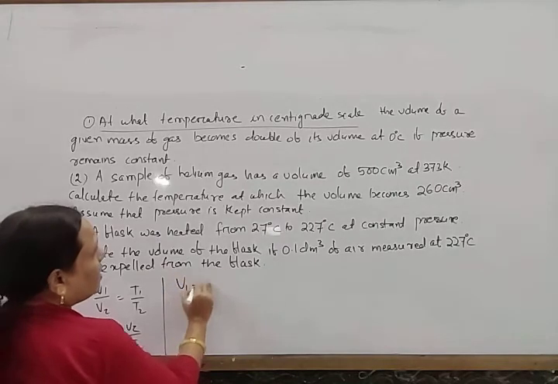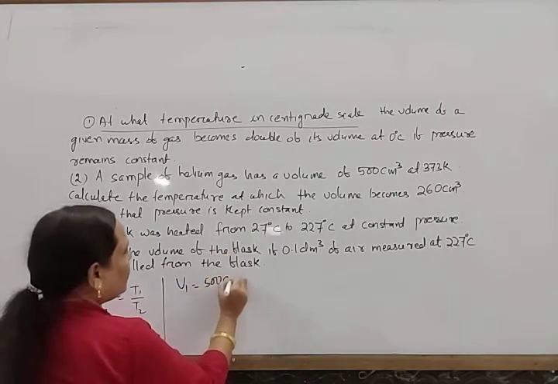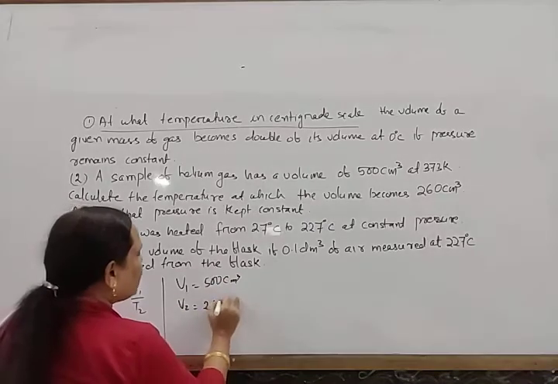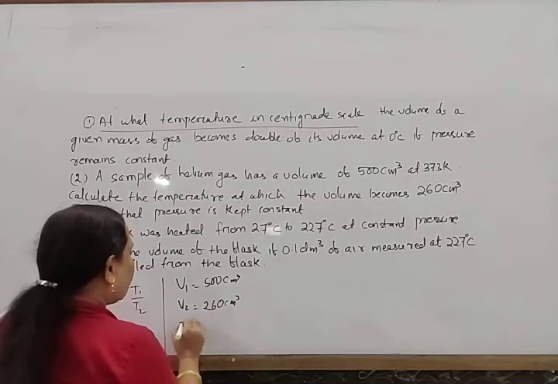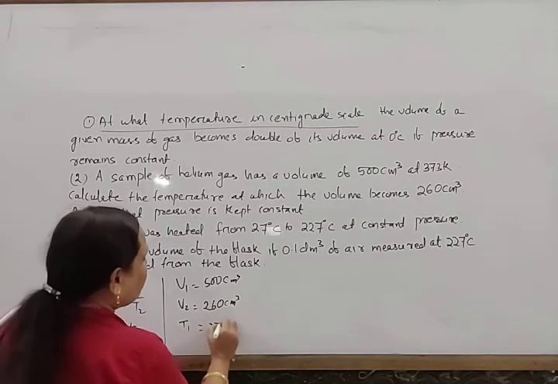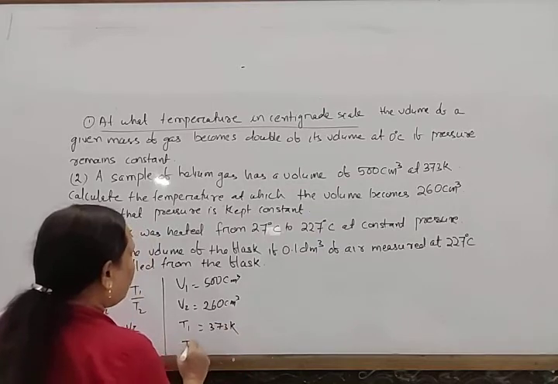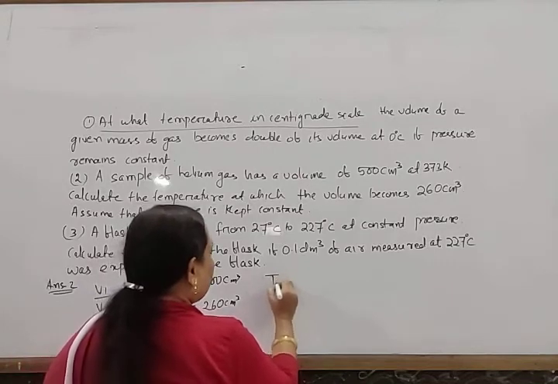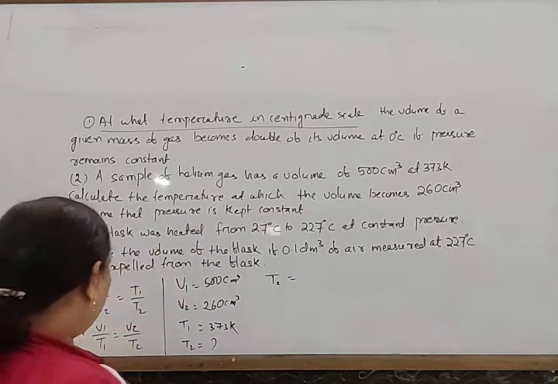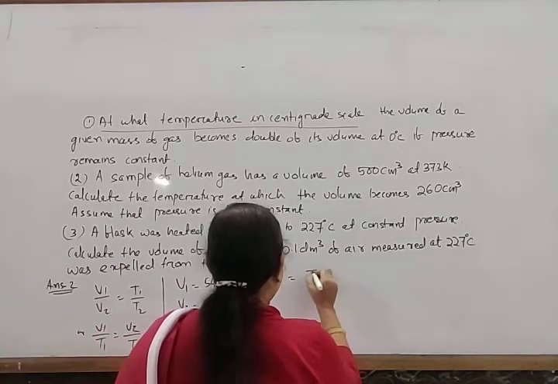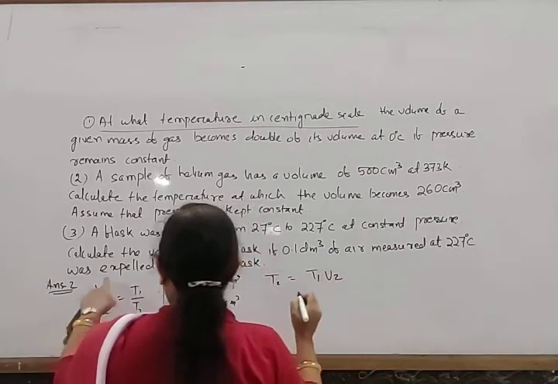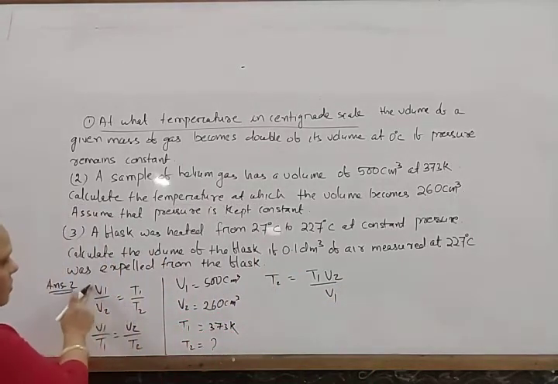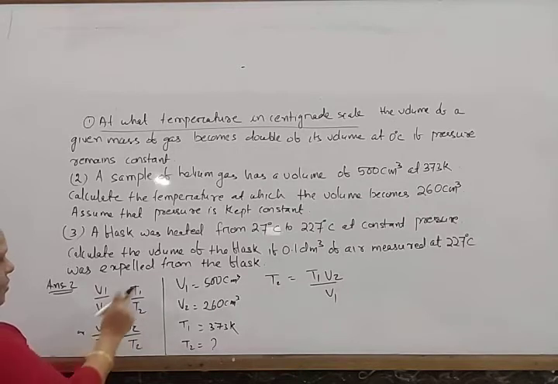So what is V1? V1 is 500 cm cube, V2 is 260 cm cube, and T1 is given as 373 Kelvin. What is T2? T2 equals T1 V2 by V1, so T2 comes here, V1 comes here and V2 comes here.